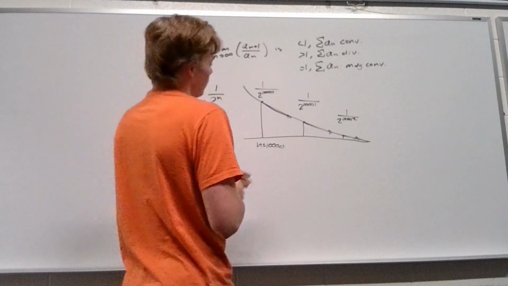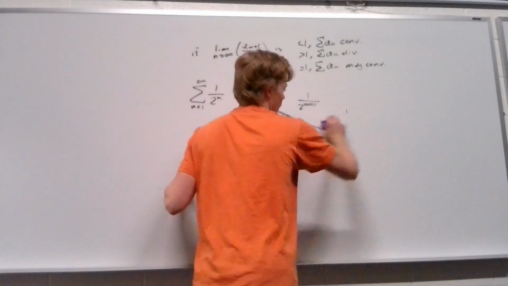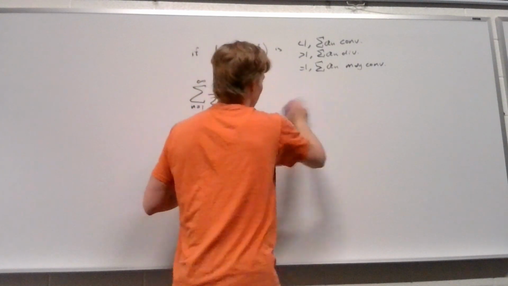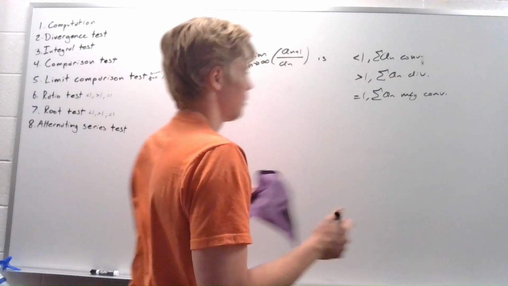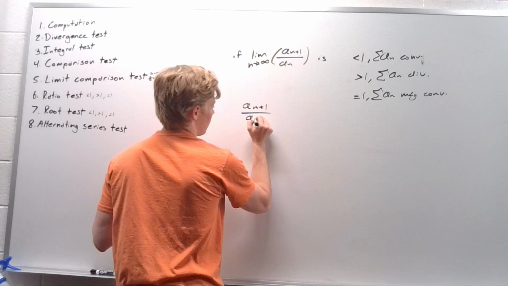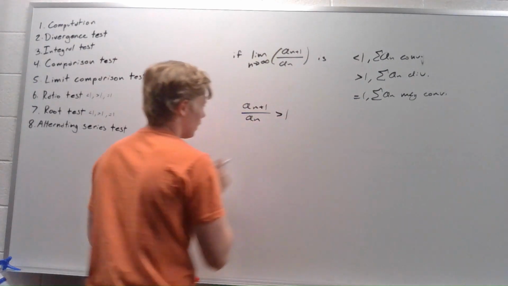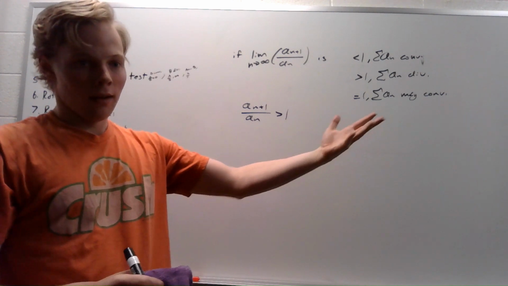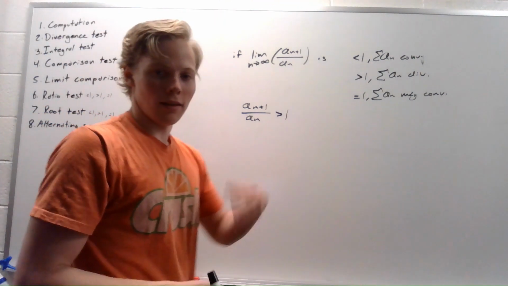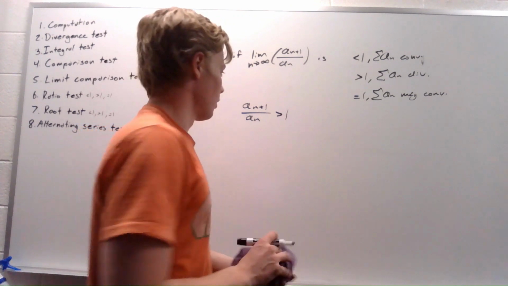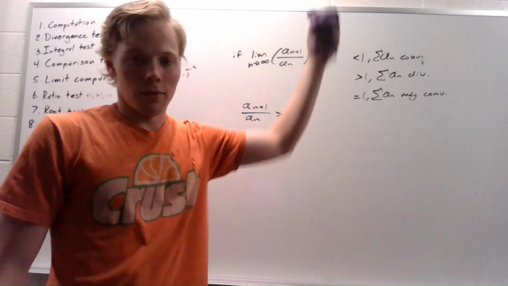And so if we look at the last case where the limit is greater than 1, I think it's fairly obvious why that one has to diverge. Because what that means is if a sub n plus 1 over a sub n is greater than 1, that means that the next one in the series is getting bigger. And so if your function's continuously getting bigger, if you add up infinitely many of those, it's just going to shoot off to infinity.